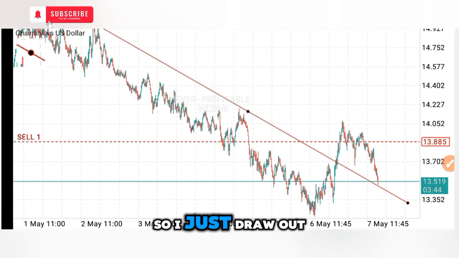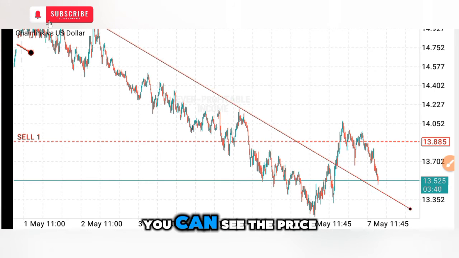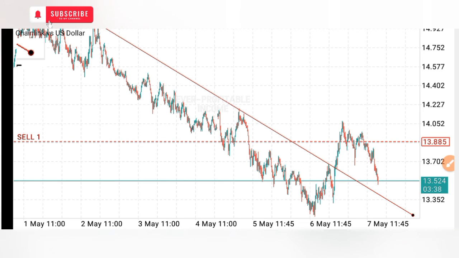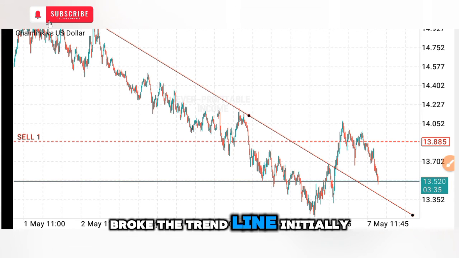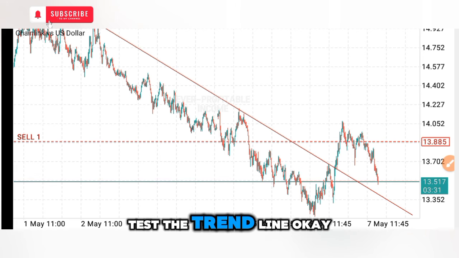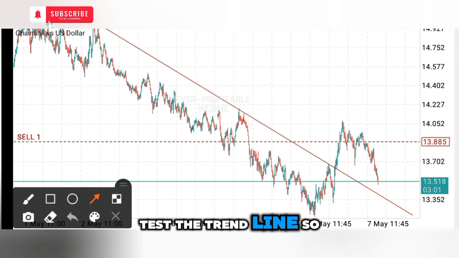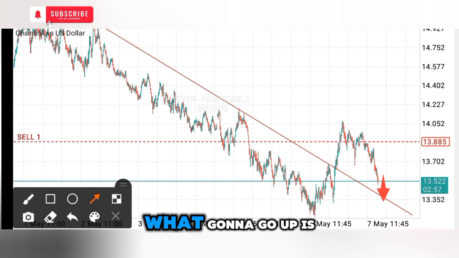So I just draw out my trend line, and from the trend line you can see that price broke the trend line initially and is coming back to test the trend line. So after it has tested the trend line, it's gonna go up.